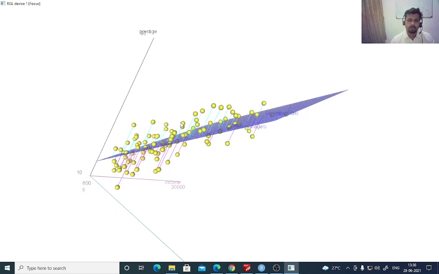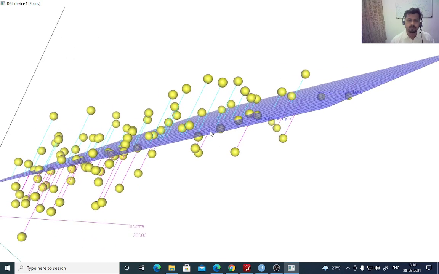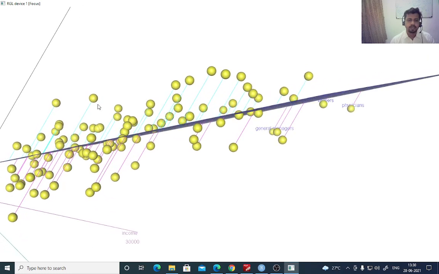If you zoom in further, what you'll notice is that these circular distances are nothing but your residuals. And these are three main unusual points which have been automatically identified by this scatter3d function. One is for your general manager, the other for your lawyers, and the last one is for your physicians.